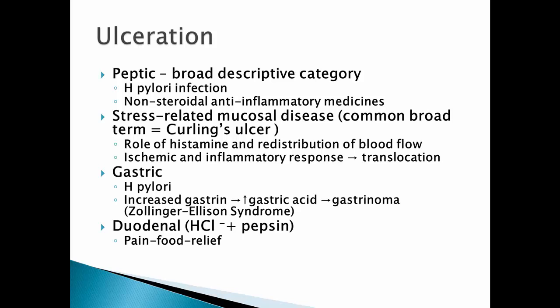And when we think about peptic ulcers, we want to think about H. pylori infection. Remember, H. pylori is Helicobacter pylori, which is a gram-negative bacteria. The H. pylori bacteria adheres to the stomach and the duodenal walls. Now, what's interesting about this bacteria, H. pylori, is that it suppresses acid secretion.